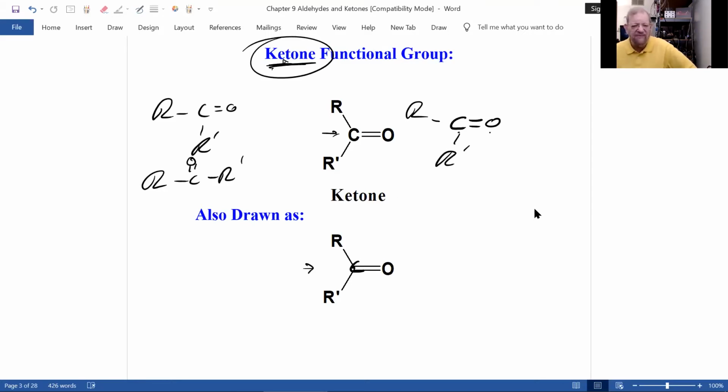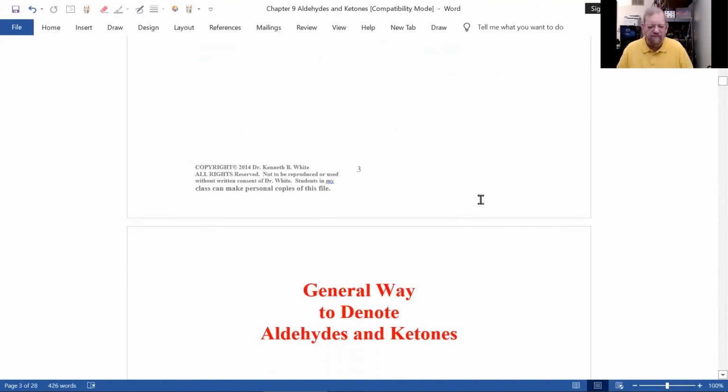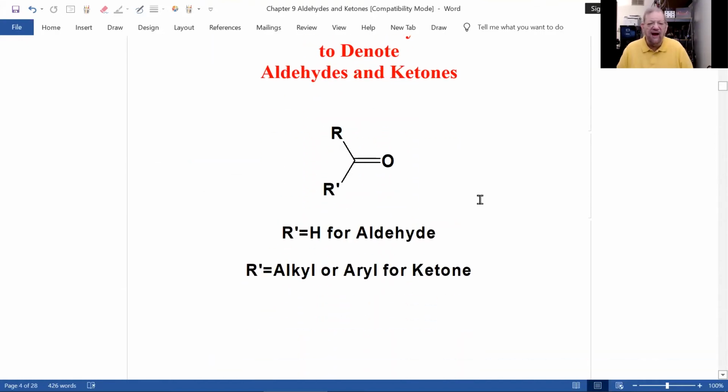Now, a ketone has R and R prime, and that means they're both carbons and hydrogens, whereas in an aldehyde, R prime is a hydrogen. So they're very similar, and you'll see a lot of the chemistry of ketones and aldehydes is similar.